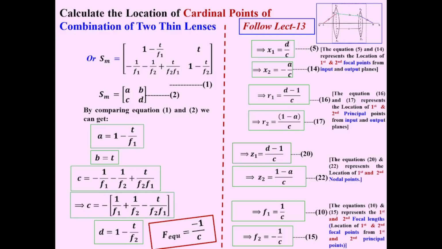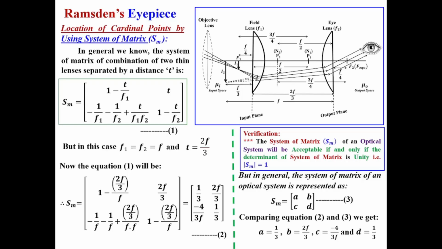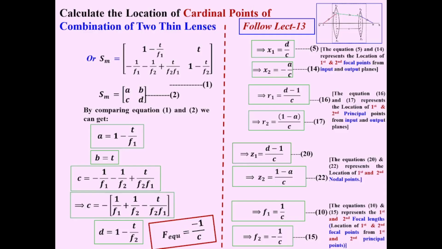Before we calculate the cardinal points of this Ramsden eyepiece, again I am going to recall lecture number 13. I suggest you first watch this lecture number 13, where we discussed in detail the calculation of cardinal points of a combination of two thin lenses.